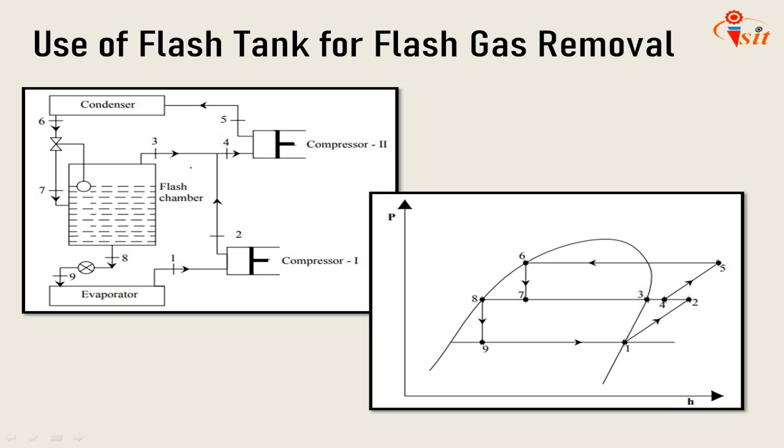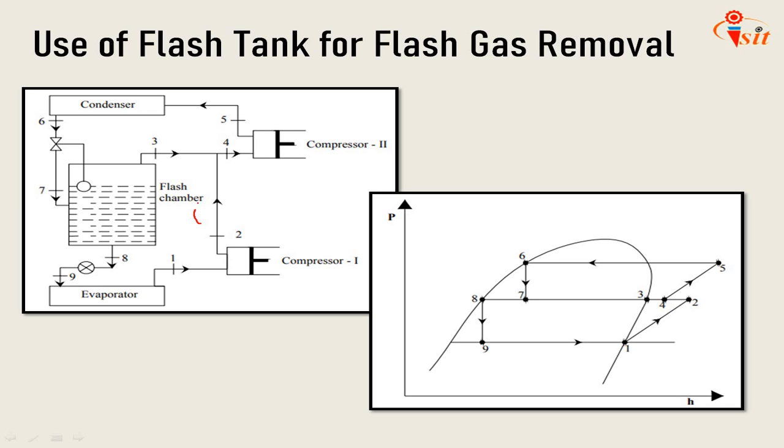In this system, instead of passing the refrigerant vapor from the low stage compressor through a flash tank, the vapor from the flash tank is mixed with the vapor coming from the low stage compressor.